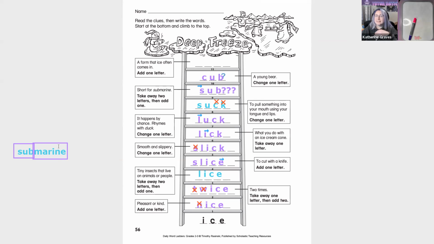I'll let you get the last ladder rung. We'll take a picture and good job. All right. Screenshot time. Yeah.